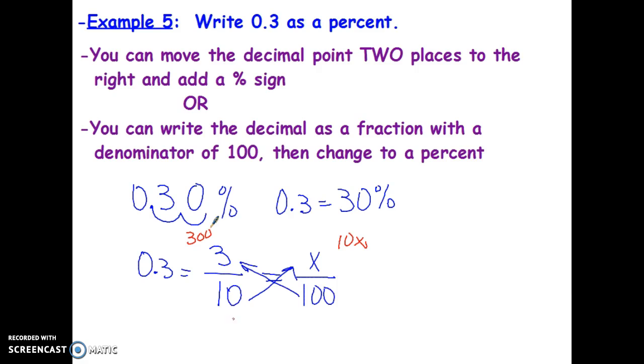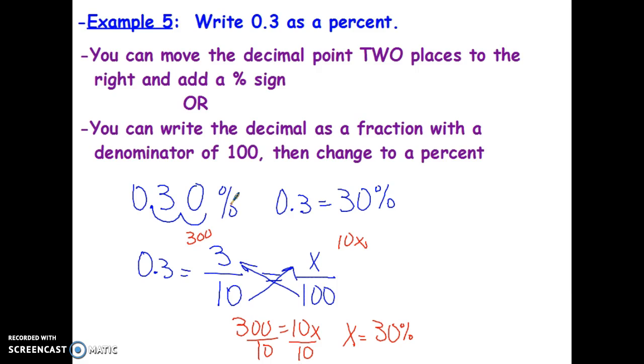So we have 300 is equal to 10x. If I divide by 10, then again I see x is equal to 30%. So to go from a decimal to a percent, you can move the decimal point 2 places to the right and add a percent sign.